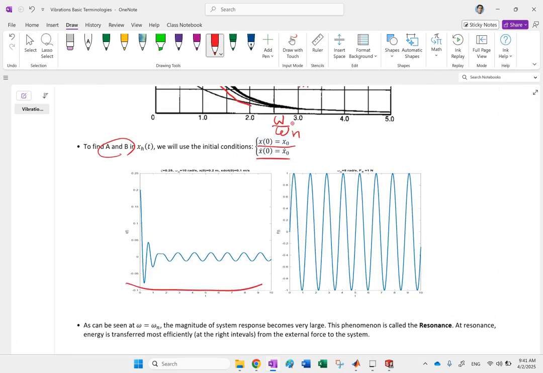This is your input. It's a perfect harmonic, magnitude 1, let's say. I simulated it, and I'll show you my simulations. I used omega of 5 radians per second. My excitation frequency is 5, and my magnitude of the input is 1 Newton.